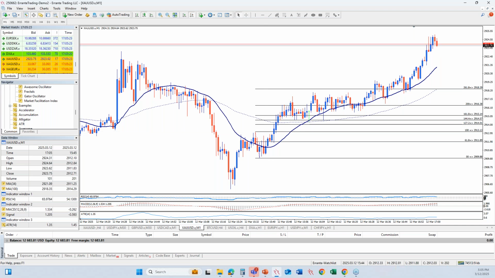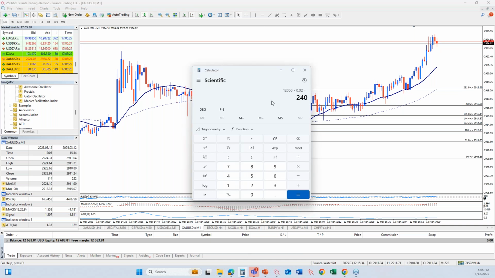So I'm not going to risk more than 240, but what does it mean? I have to divide this by the 30 pips. And what is the 30 pips? We are just counting in terms of the decimal places.